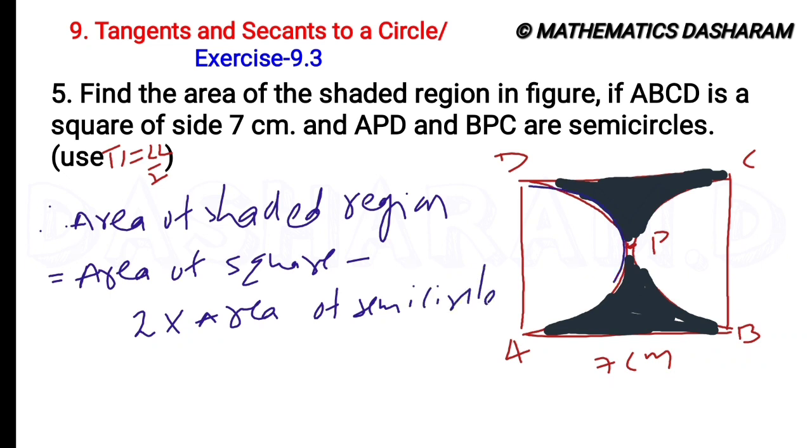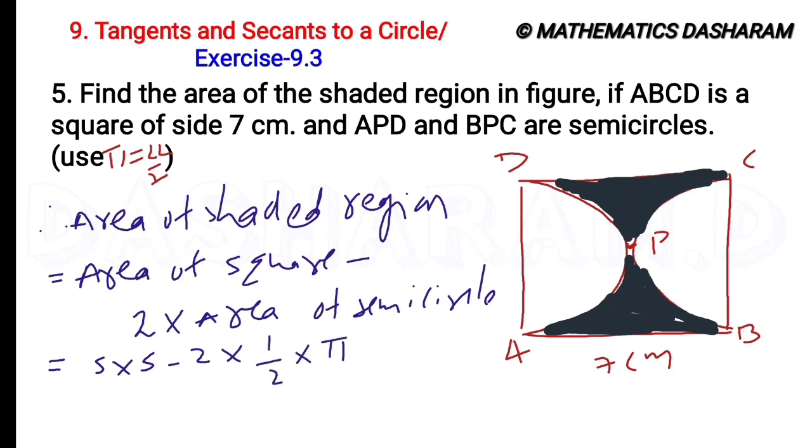So this left side semicircle, right side semicircle, remove it from the total area of a square, then you will get the area of a shaded region.